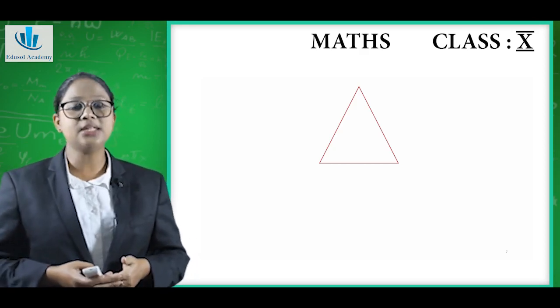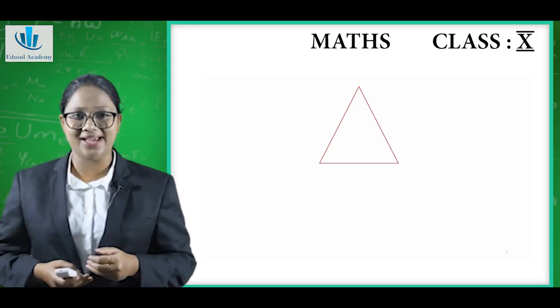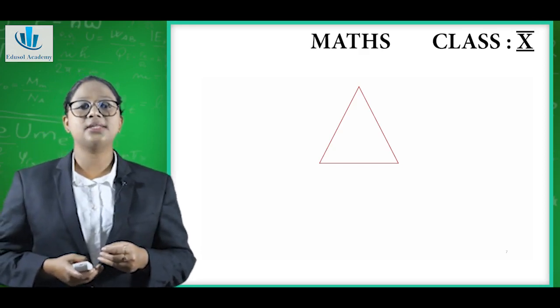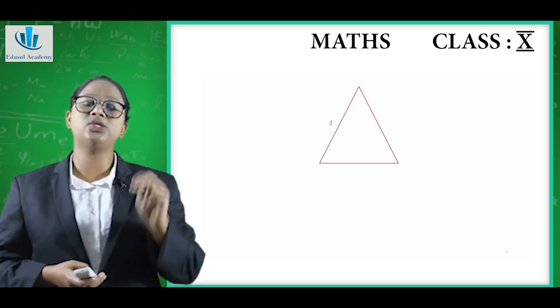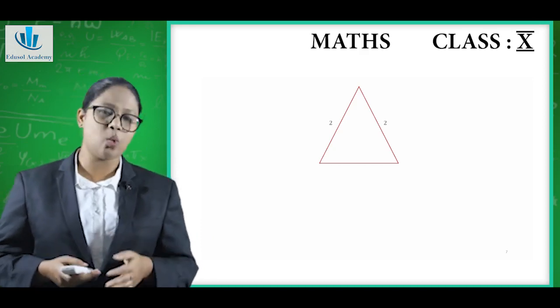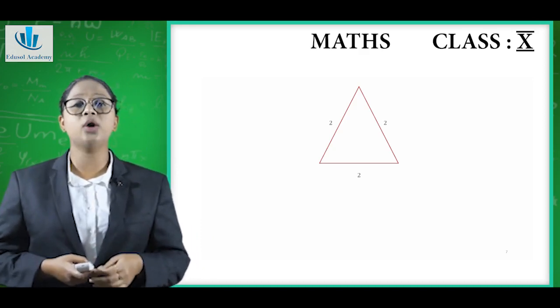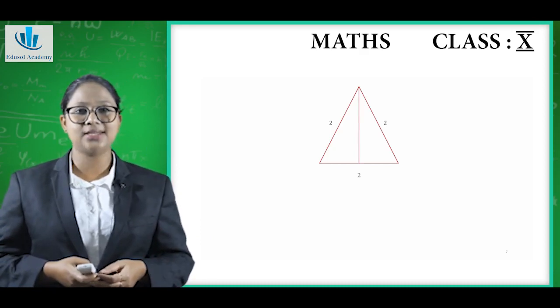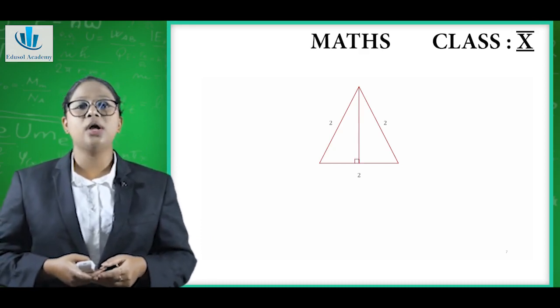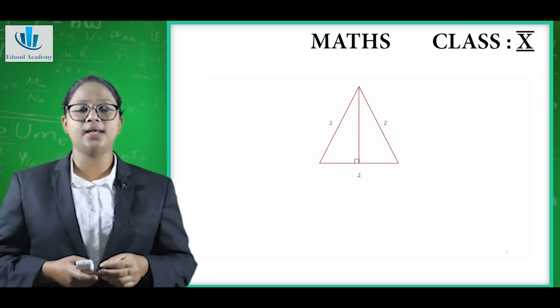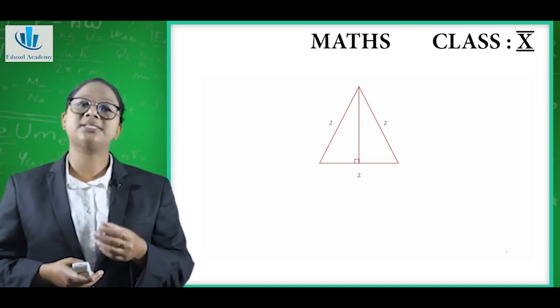For that, consider an equilateral triangle and let the sides of the equilateral triangle be 2 units, 2 centimeter, meter, whatever. Now we are going to construct a height on one of the sides. In an equilateral triangle, the height will also act as the median.